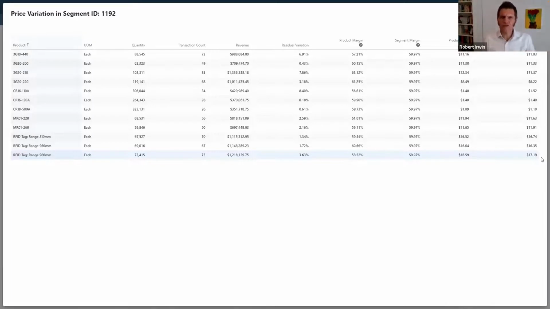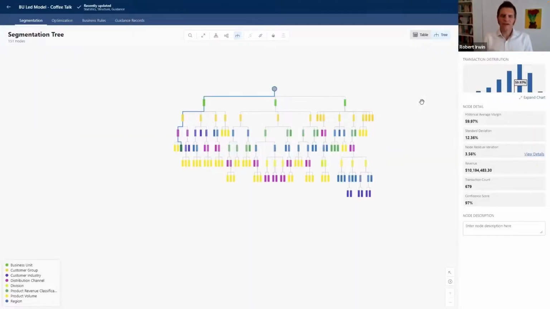So this is the performance of the transactions for these products within this segment and how they are performing relative to the margin target for this particular segment. So we're providing the analytics and data that is relevant to that segment as I'm running through my checks.